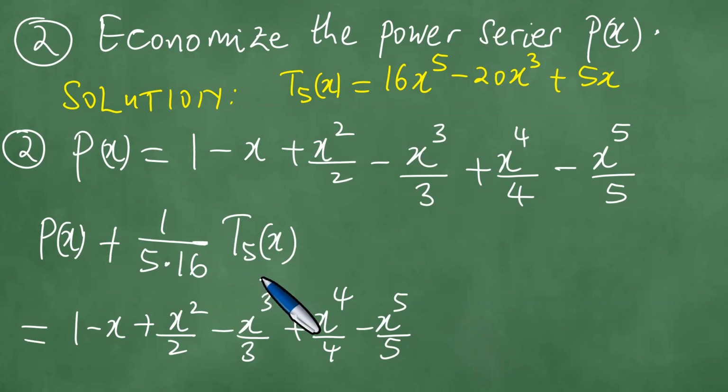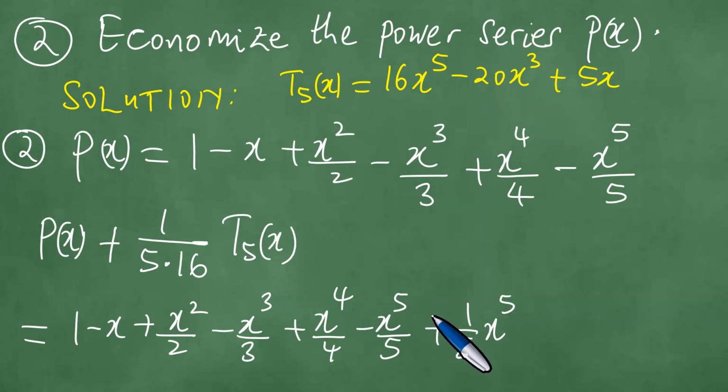Right, so if we add, then algebraically, we multiply this one by this, so the 16 is going to cancel out, giving us 1/5 x to the 5th power, which is going to work wonders. And then you multiply this one by that, it will be 20 out of 80, because 5 by 16 is 80.